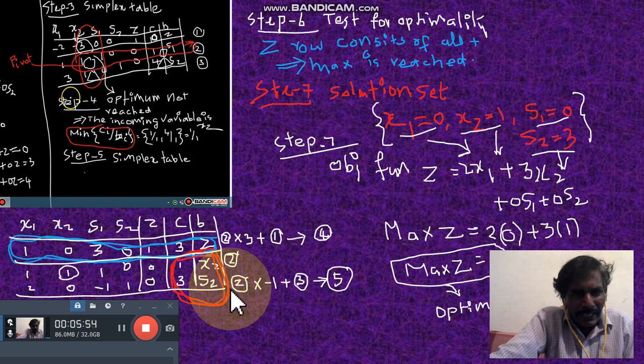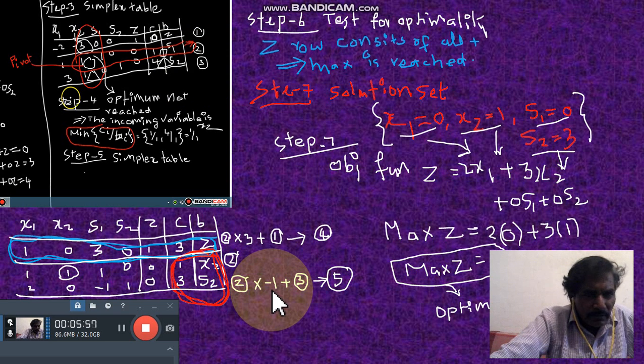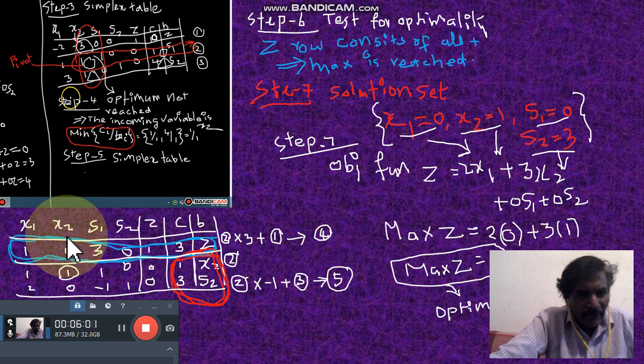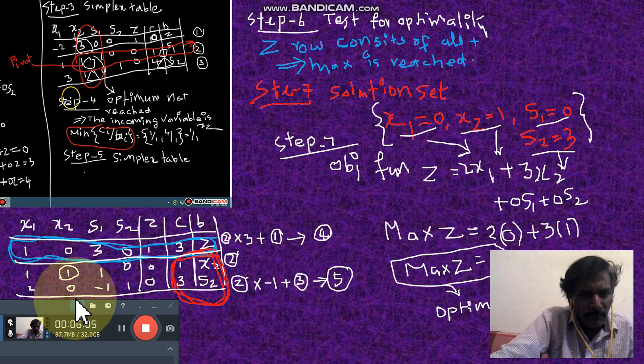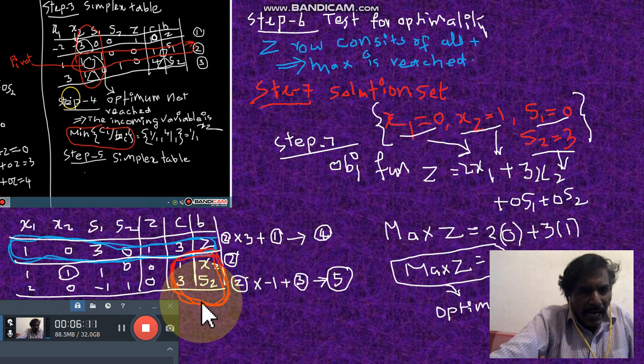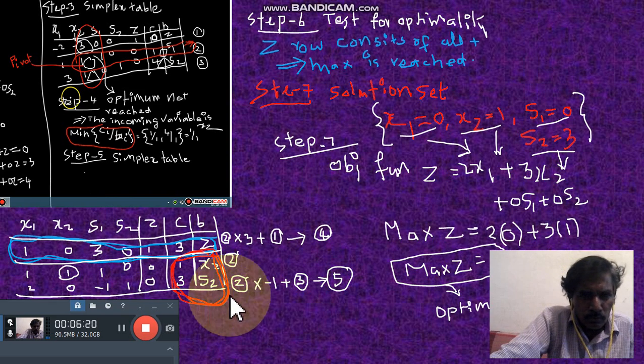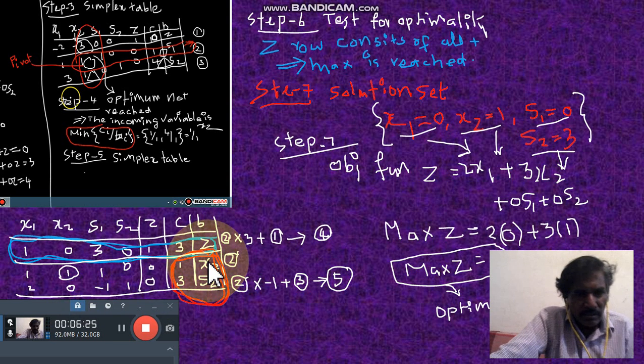Similarly, multiply equation number 2 by minus 1 and add 3, you will get equation number 5. If you do so, this x2 will come in canonical form. Look at the table there. This table consists of the canonical form in s2, z and x2. So these are the basic variables.